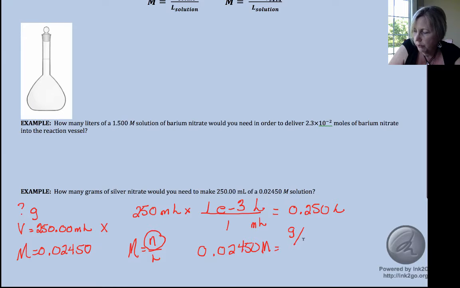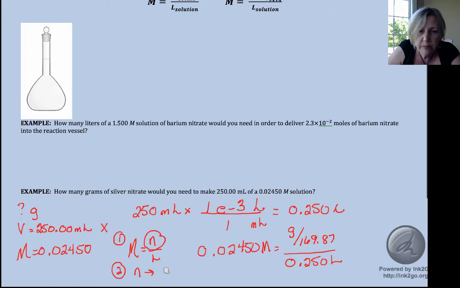Silver nitrate's molar mass is 169.87 over my volume of 0.250 liters. This is showing the one-step problem. If you did it the other way, step one, calculate moles, step two, convert moles to mass using molar mass, or you can use this entire formula. And I ended up with a mass of 1.040 grams of silver nitrate if I wanted to make that solution.